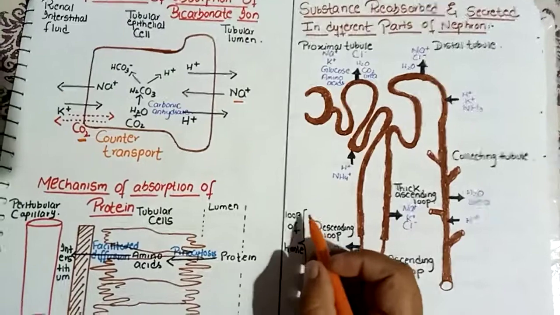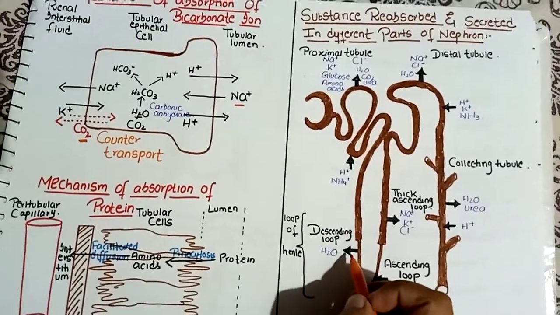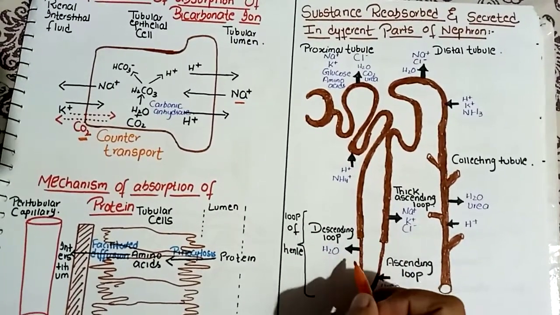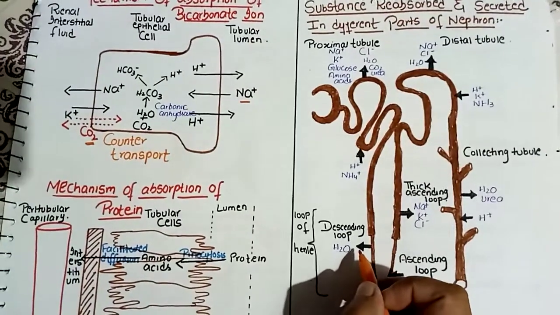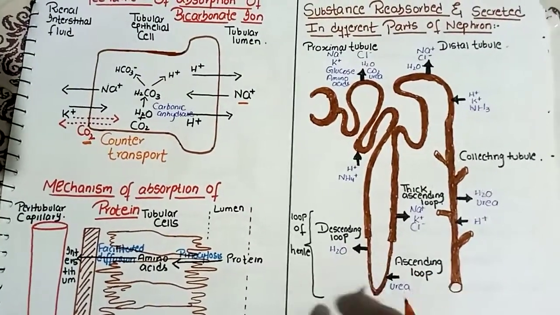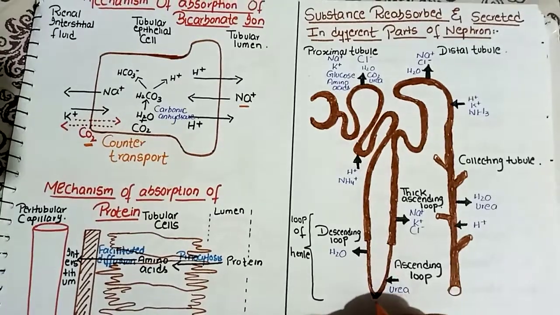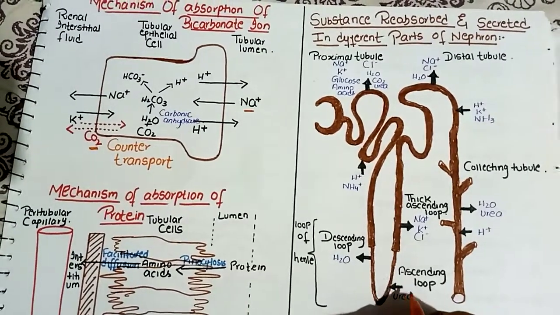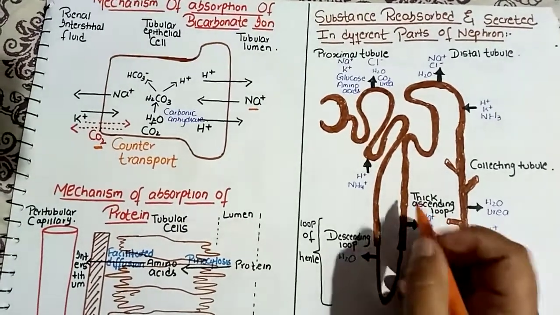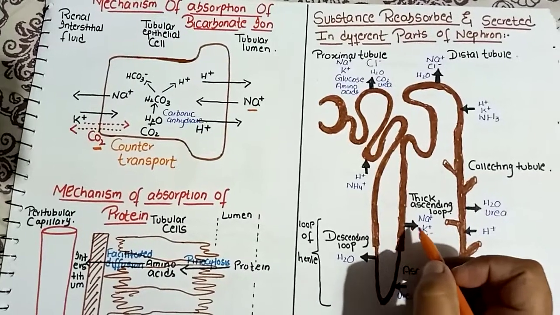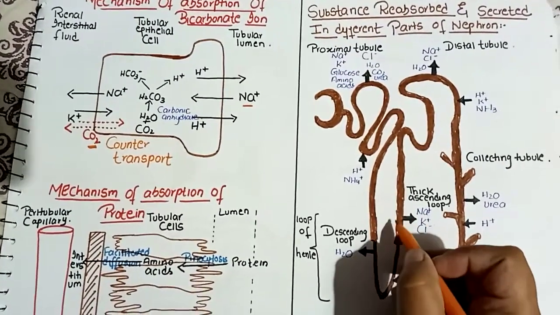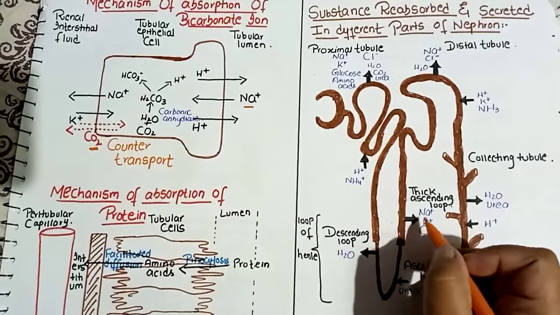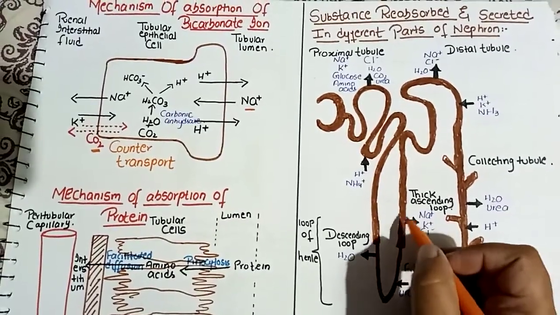If we consider the loop of Henle, the descending loop of Henle is impermeable to sodium, so the reabsorption of water will occur. In the thin ascending loop, the secretion of urea will occur, and in the thick ascending loop, which is impermeable to water, the reabsorption of sodium, potassium, and chloride will occur.